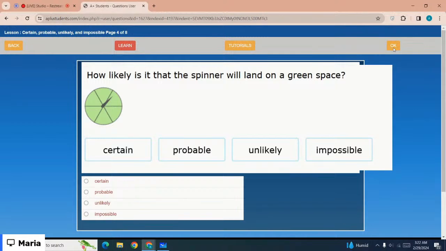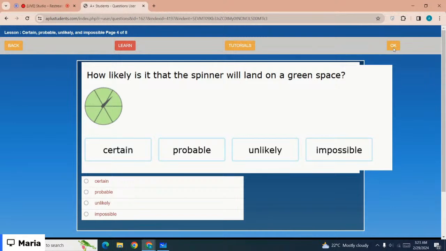How likely is that the spinner will land on a green space? Which is the correct option? All the portions on the spinner are green, right?